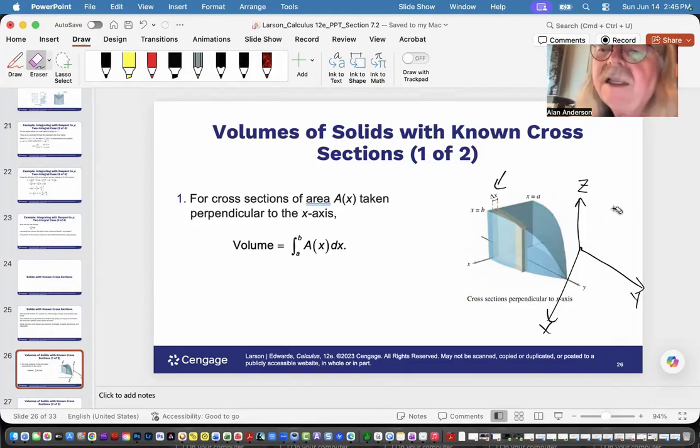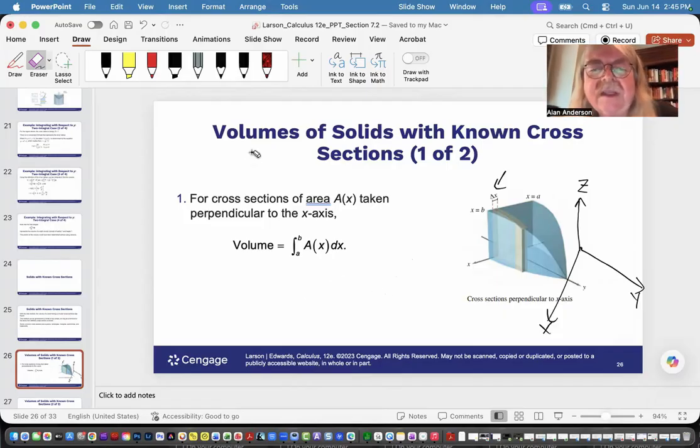So the height is the z-axis, and the width is being calculated with respect to the x-axis. There's going to be a height involved here too. And so we're slicing across this thing and adding up the slices. Yeah, so it's a little bit different than what we're used to seeing.